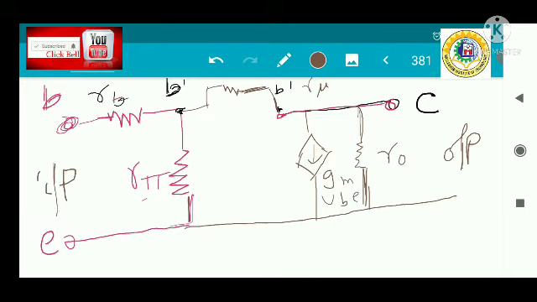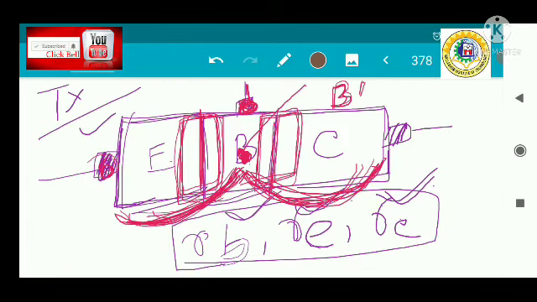Now as I have said, this model can be used at high frequency and also at low frequency. Whenever you consider high frequency, the capacitor comes into the picture, and at low frequency the capacitor does not play any significant role. So in the high frequency model there must be some capacitance associated. The base and emitter junction is forward bias in the active region, so there is some capacitance between them.